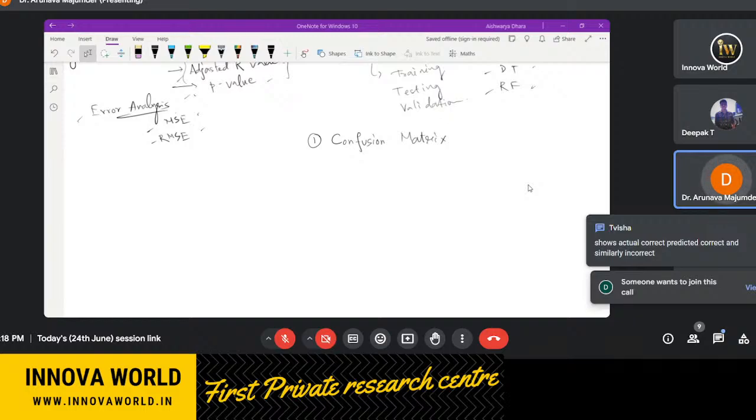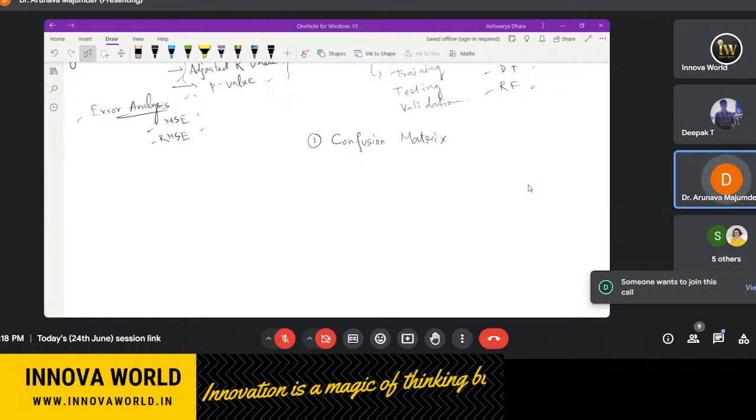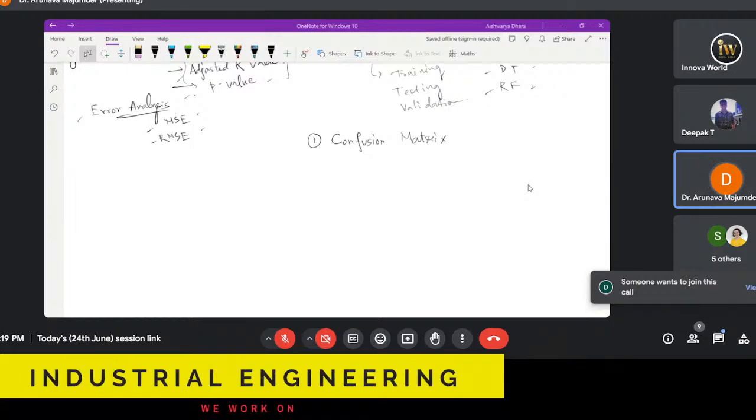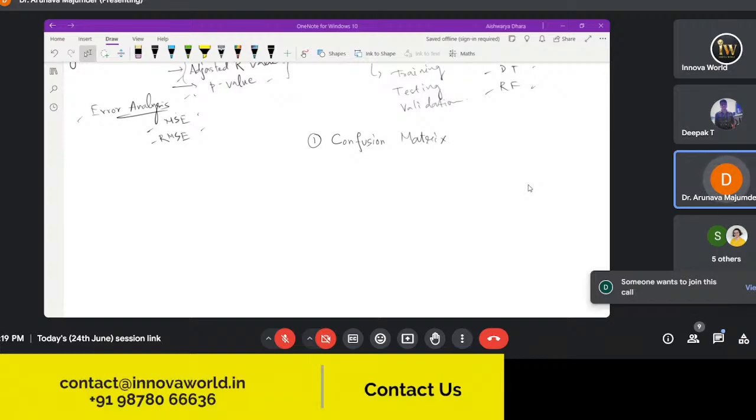Yes, exactly. So the actual correct, true positive, true negative, or actual correct and predicted correct. It is similar to the statistical method called type 1 and type 2 error, which is used in statistical hypothesis testing. Anybody else?